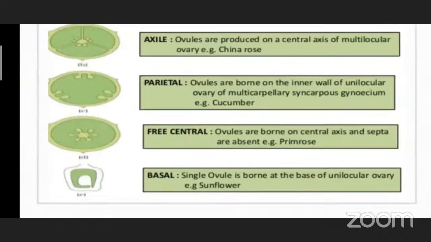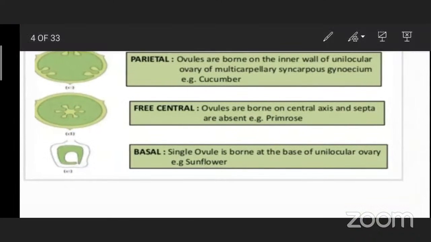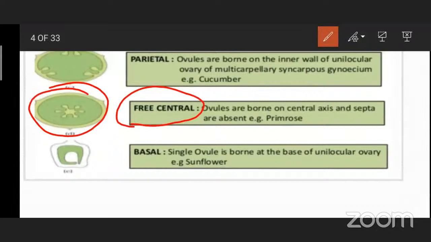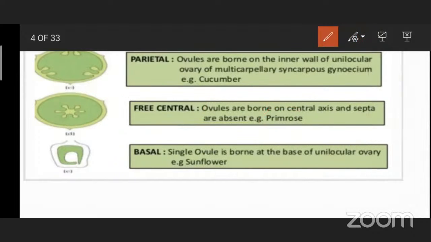And fourth one, free central placentation. The ovules are borne on the central axis. The septa may be absent. Example, primrose. And last one, basal placentation.